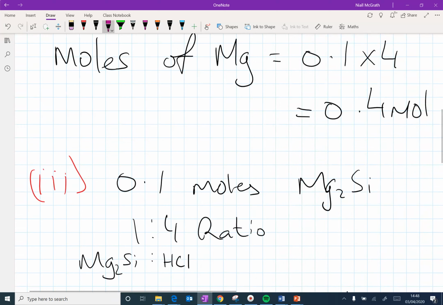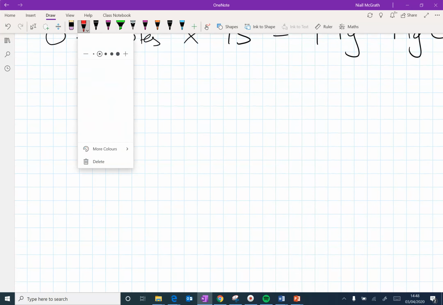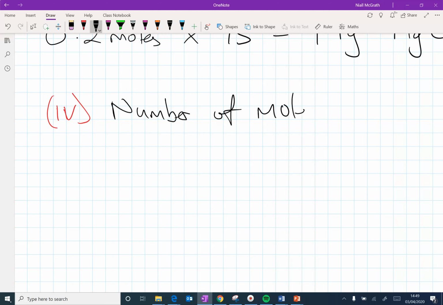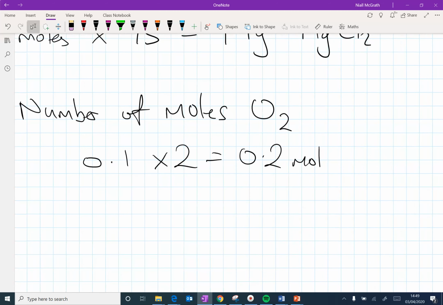So to find the number of moles of oxygen, it's going to be that 0.1 again, multiplied by 2. So we're going to have 0.2 moles of the oxygen.